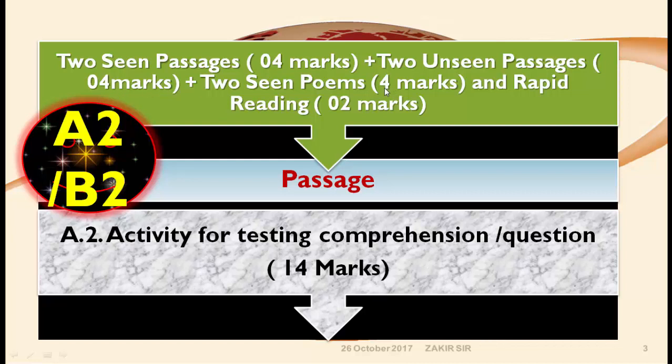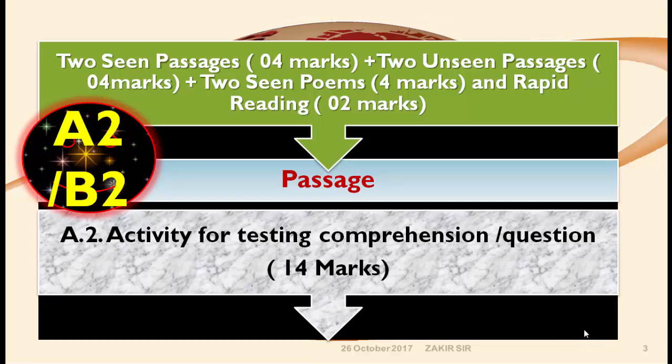Also, this question is asked for 4 marks in 2 seen poems and 1 mark in rapid reading. Like this, the question is asked for 14 marks. It means, my dear friends, it carries 12% of the total weightage of your marking scheme. Remember, it is a very important question and it is very easy to solve.